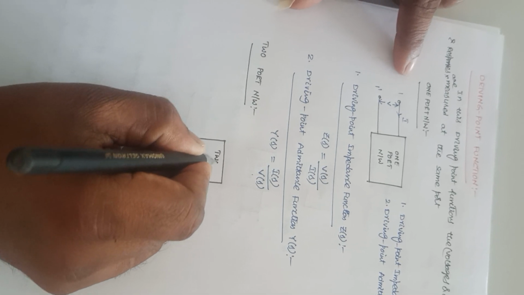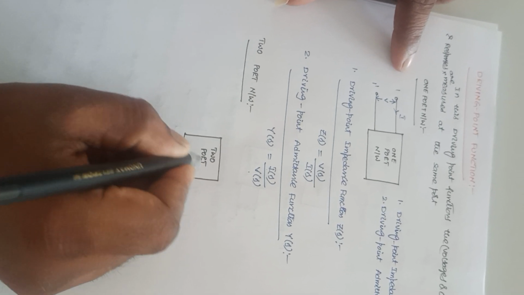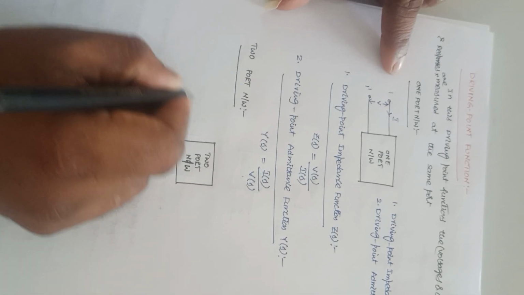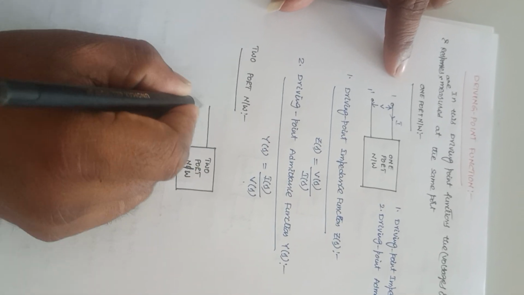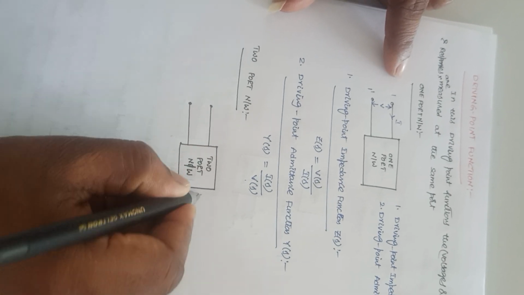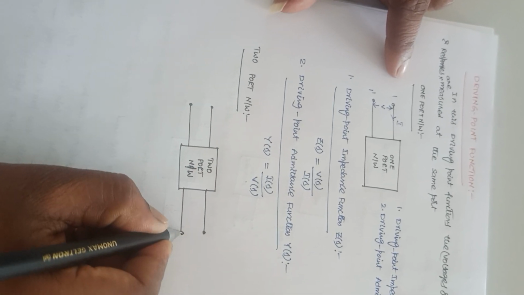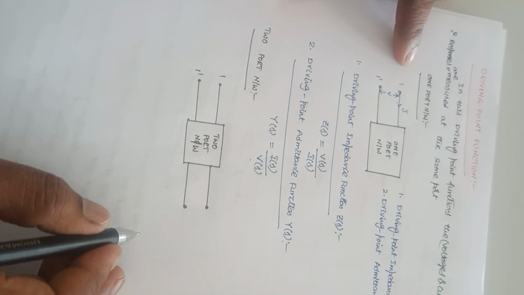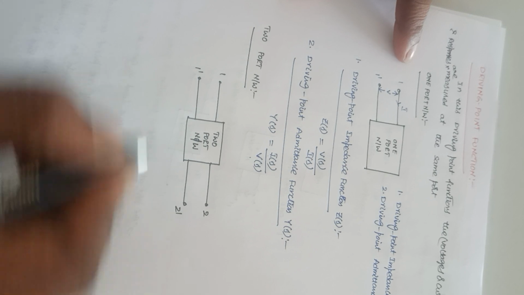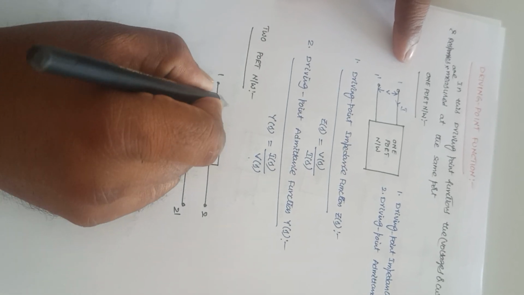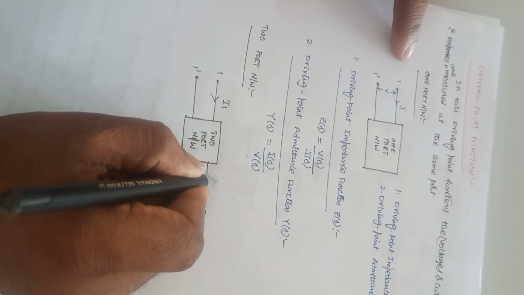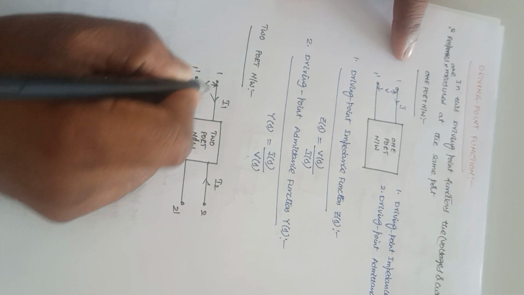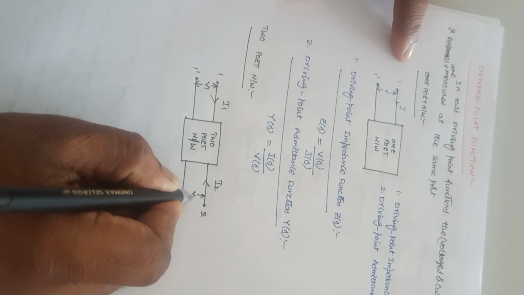It is a two port network which is having four terminals, or two pairs of terminals, or two ports here. It is 1 and 1 dash, 2 and 2 dash. The current that is entering at port 1 is I1, and at port 2 it is I2. The voltage at port 1 is V1 and the voltage at port 2 is V2.